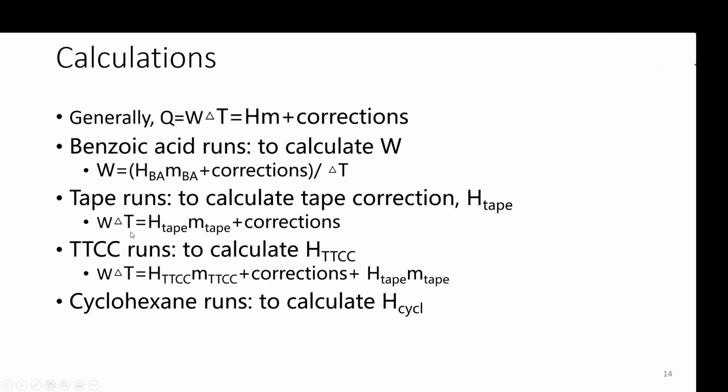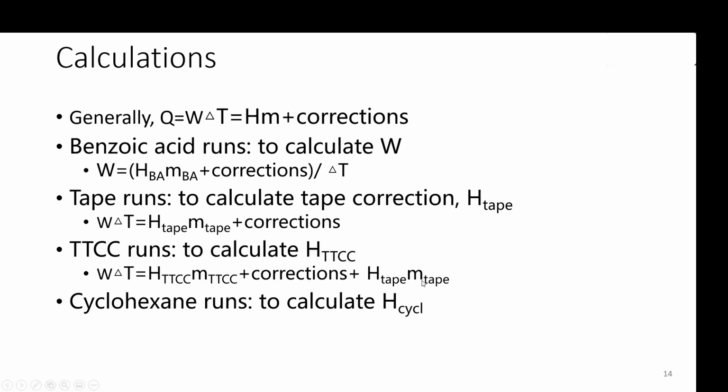We still use the same equation, W delta T equal to heat of combustion of TTCC times mass of TTCC plus other corrections, that's nitrogen, sulfur, and fuse, and then plus the tape corrections. We can use the H tape we calculated in this step and use the mass of the tape that's measured in each TTCC run. Does that make sense?